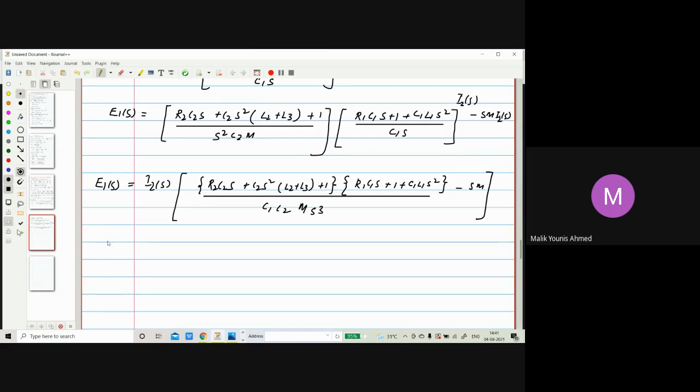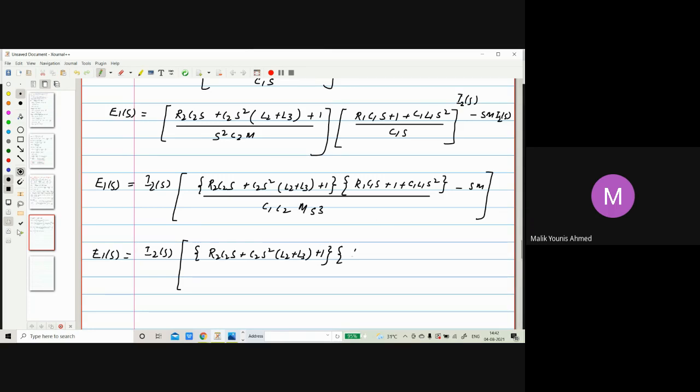Okay, now in this step I will do, because in one go it will be a bit too much for you. E1 of s is equal to I2 of s. ठीक है, now this term we have got, we don't need to multiply this, so we just want to solve this first step. मल्टीप्लाई करने की कोई जरूरत नहीं है, because this is fine for the answer. C2 s square L2 L3 plus 1, that is the first term, it is over.